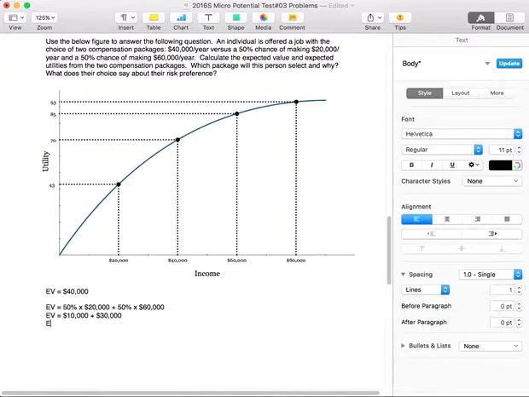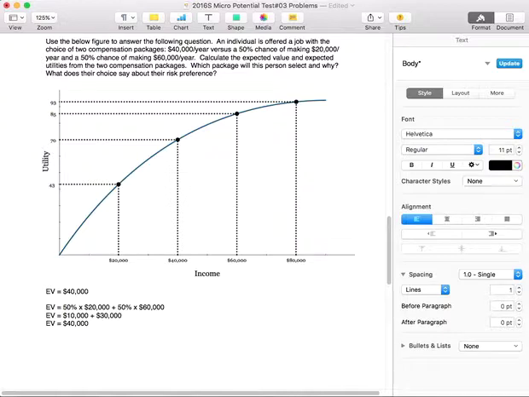So we see the expected value of that payment scheme where there's a 50% chance of making $20,000 and a 50% chance of making $60,000 is going to be $40,000. So you can see here that the expected value of those two payment schemes is equal to one another.